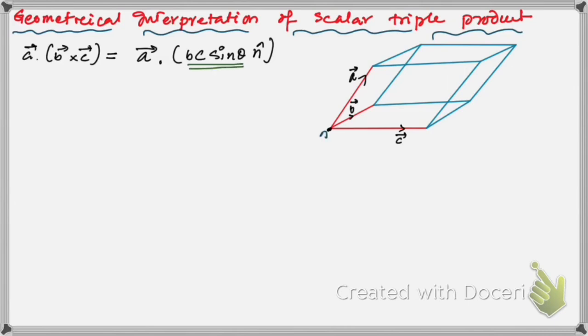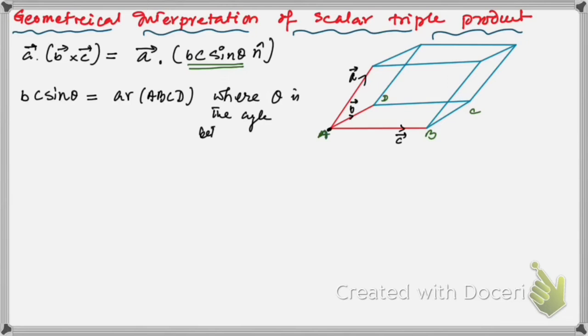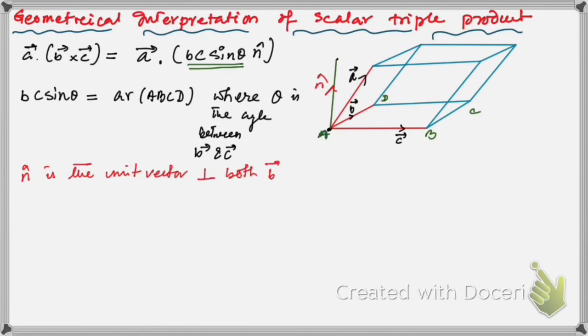So here BC sin theta gives the area of this parallelogram, the base area, the area of the parallelogram ABCD, where theta is the angle between B and C. The direction of B cross C is given by this n vector, which is perpendicular to both B and C.